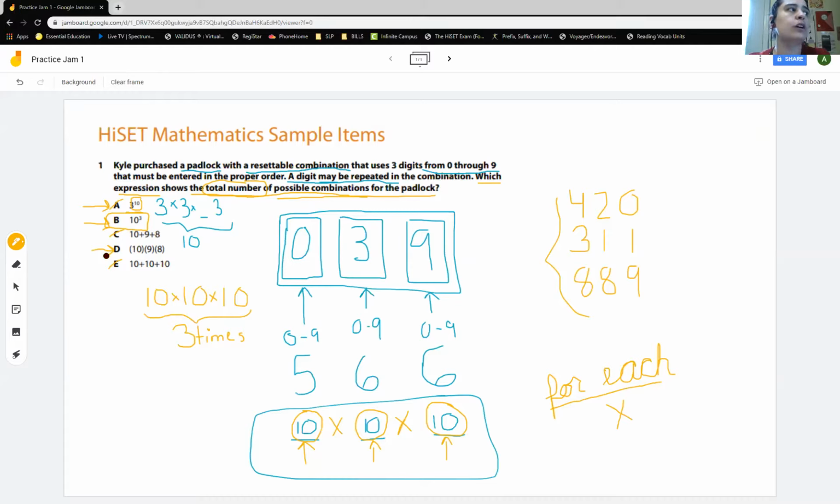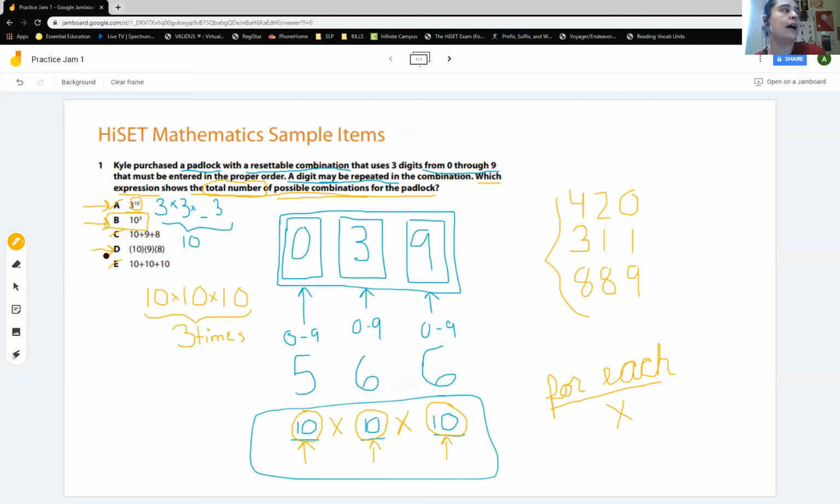Now remember, I told you if a digit could not be repeated, then that would limit future possibilities, right? So if I were to put a 5 in the first position, and now I can't use the 5 in the second position, now instead of 10 possible digits for position 2, I would only have 9, right? And then again, if I were to use a 7, let's say, in position 2, so now I can't use a 5 or a 7 in position 3.